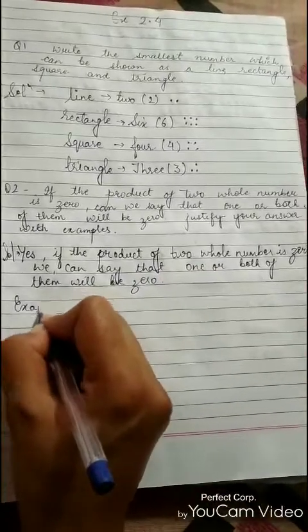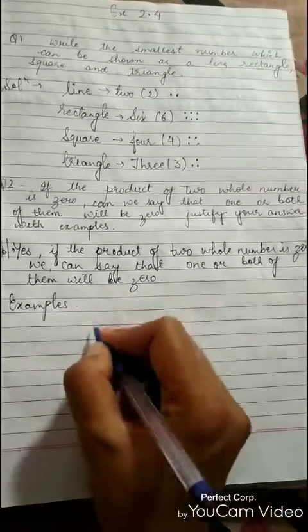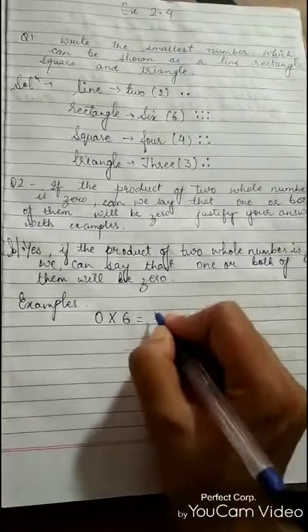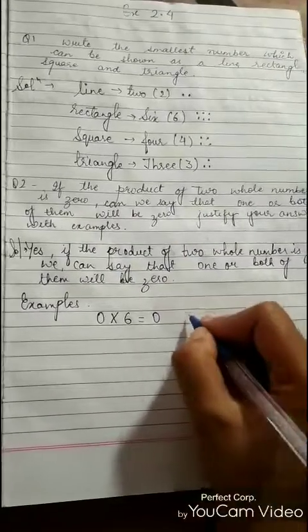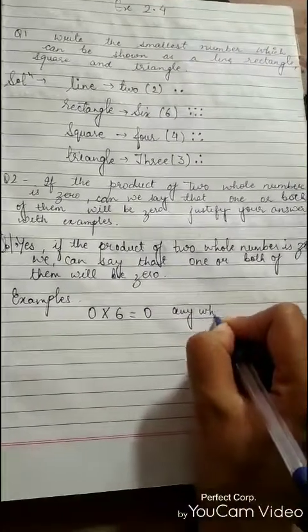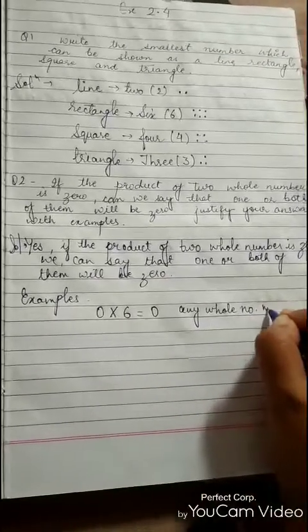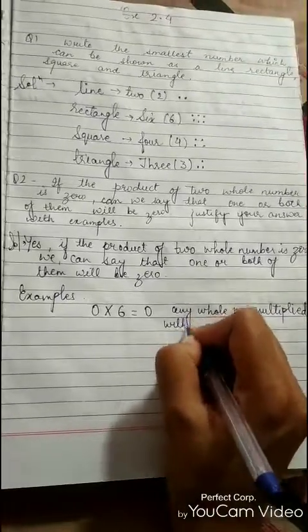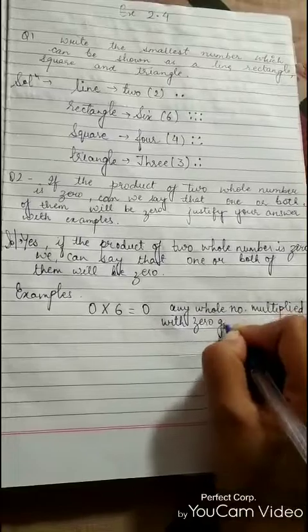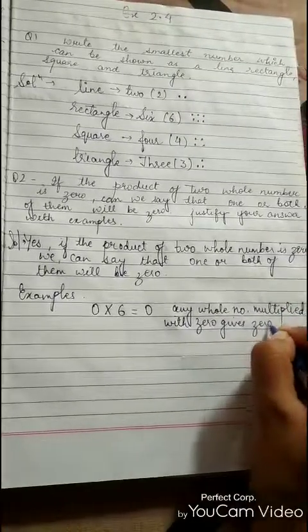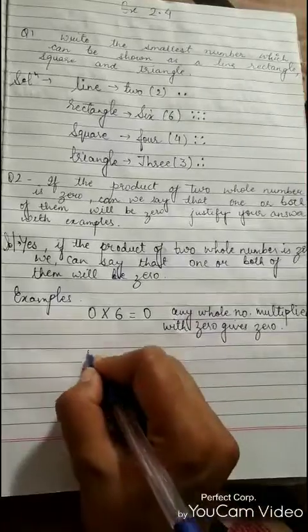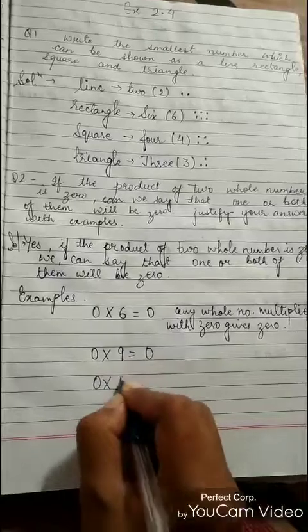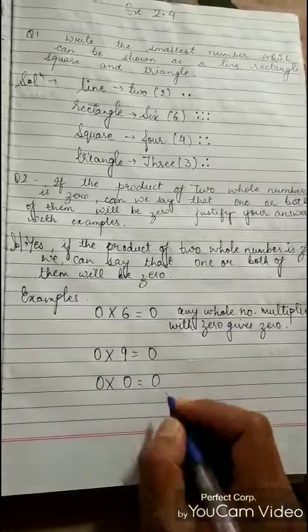So examples: when you multiply 0 with 6, the answer will be 0, because any whole number multiplied with 0 gives 0, right? Another, 0 into 9 is also 0. Now next, 0 into 0 will also be 0.